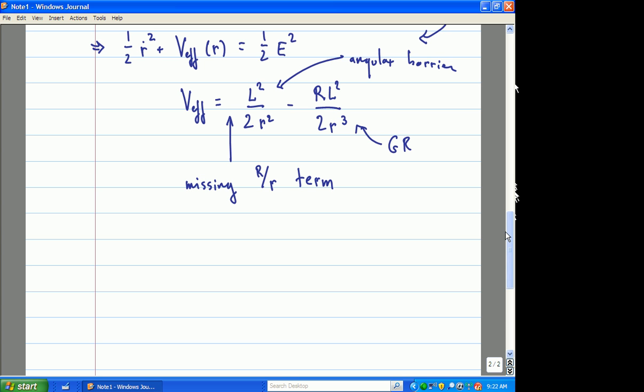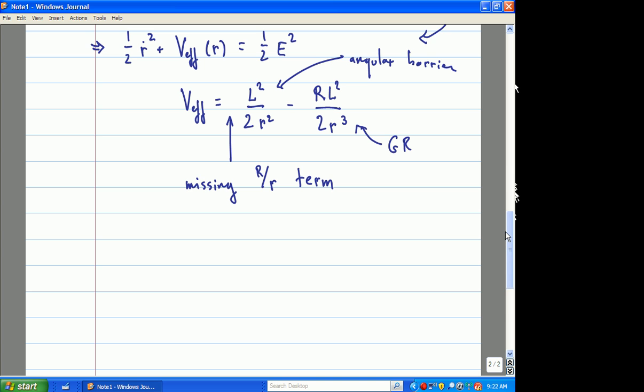So let me just say that a little more precisely. If you studied the motion of light rays in Minkowski space, then you would know that light travels on a straight line. And in Cartesian coordinates, that would tell you that there's no potential term that will change the dynamics of the light ray. But we're not using Cartesian coordinates. We're using the analog of polar coordinates.